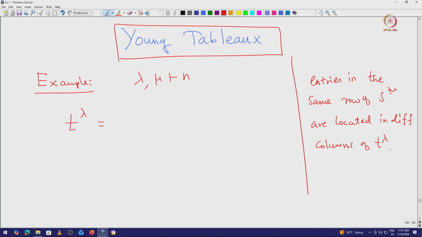Let us say we have two tableaus satisfying this property. That means no two elements in the same row of S mu belong to the same column of T lambda. So, that is the assumption.